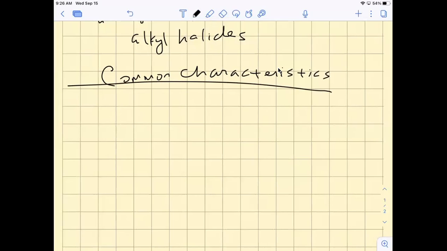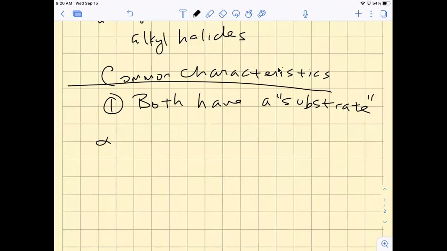you have what we call a substrate. That's your starting material. Both involve a leaving group.